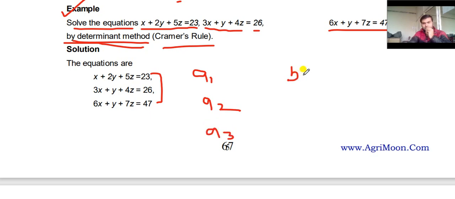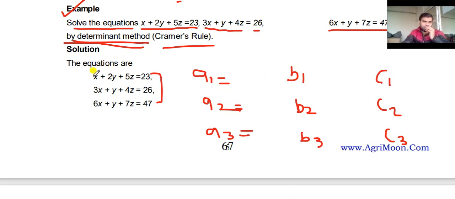Next b1, b2, b3, then c1, c2 and c3. The value of a1 is 1, the value of a2 is 3 and the value of a3 is 6.